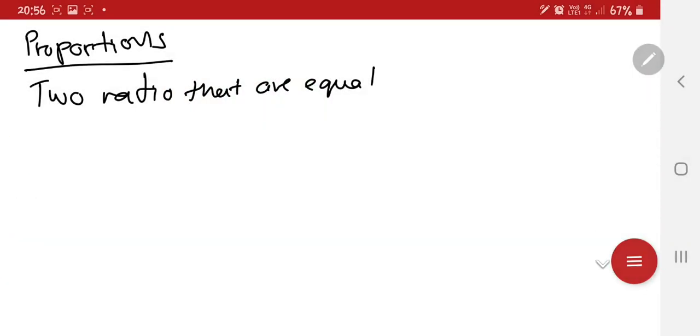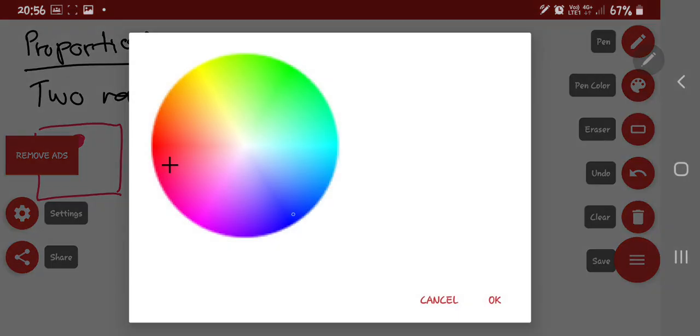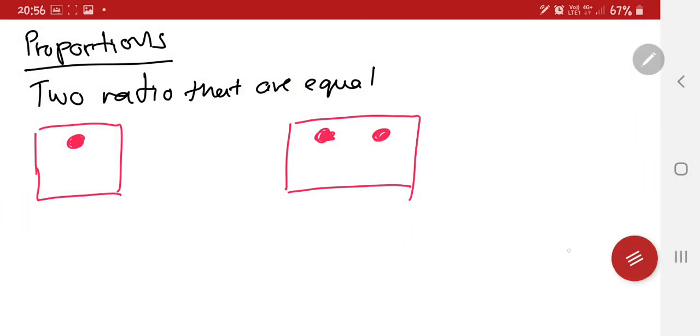Now let's see here. In this box I have one red circle, and in the other box I have two red circles, and I'm going to add another. So I have two blue circles here, and I have four blue circles here.